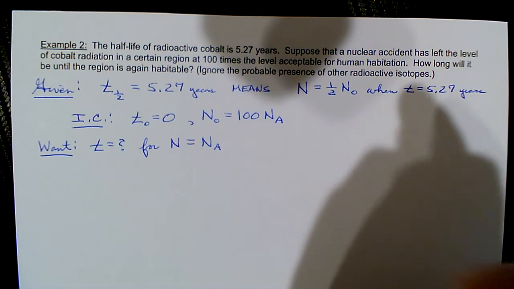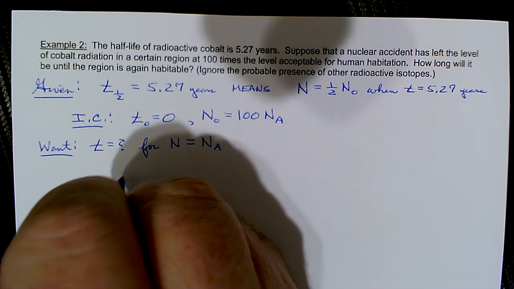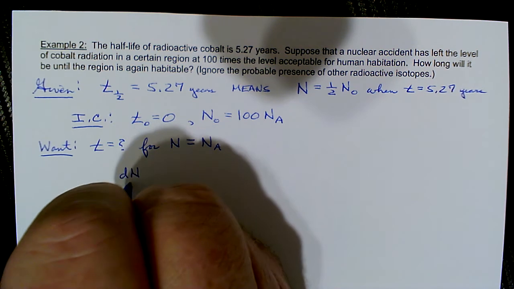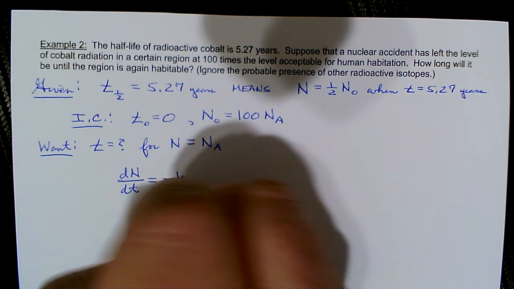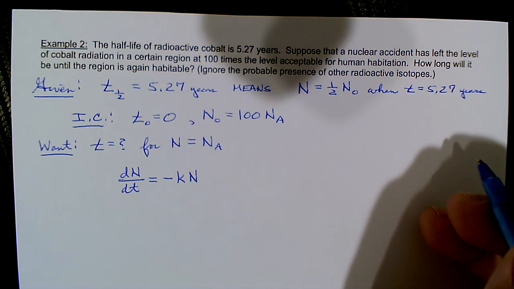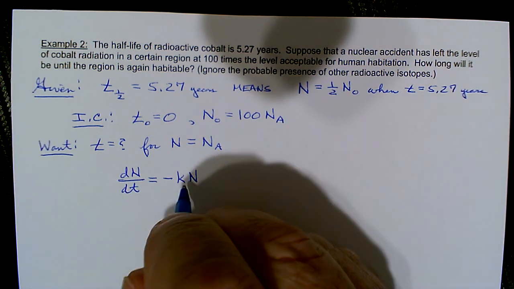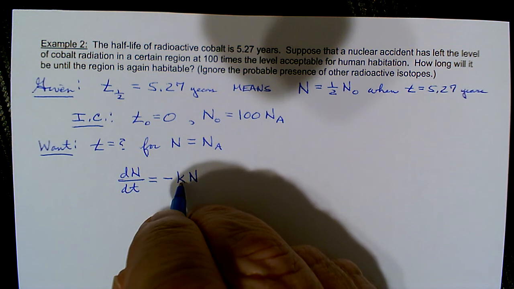So we start with the differential equation that the time rate of change of the amount is equal to negative k times the amount. And we have to solve. There's nothing we can substitute. We don't know what k is yet.